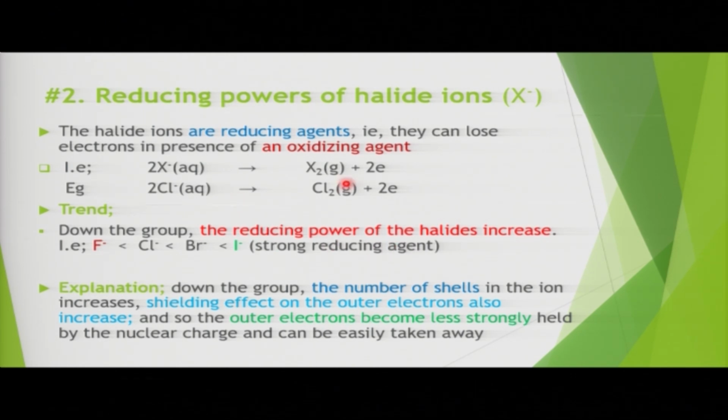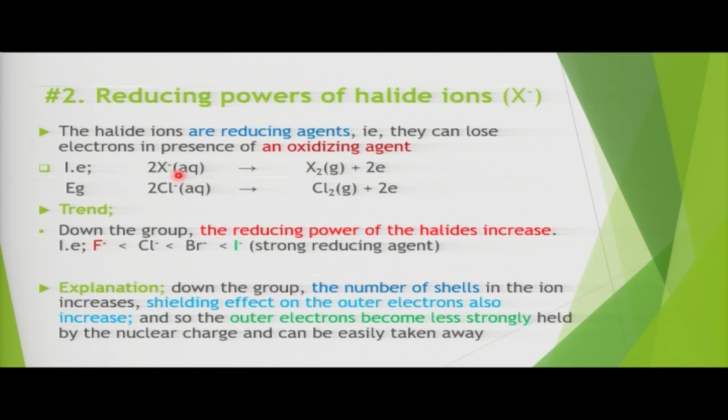The halogens have gained an electron to be stable, meaning they are forming halides. These halides have a tendency of losing the electron provided there is a substance that is taking the electron, which we call the oxidizing agent.